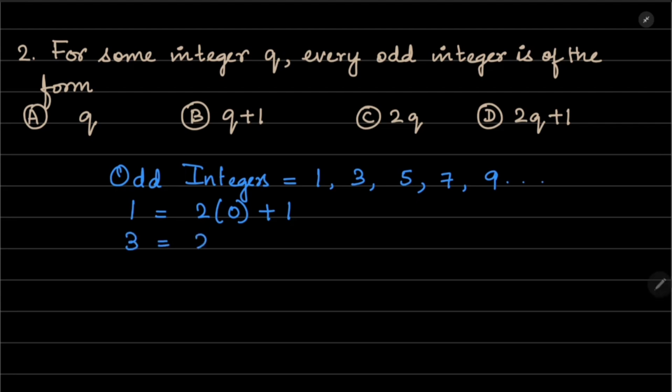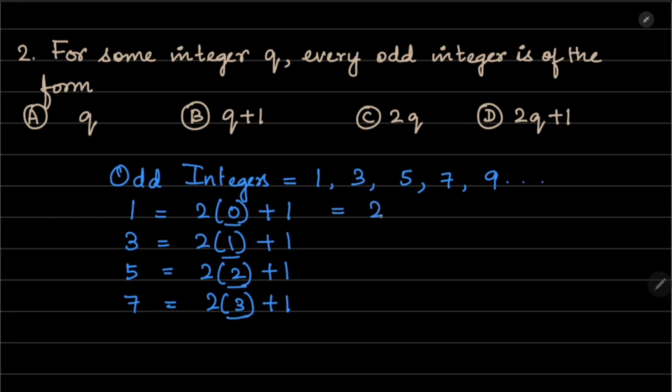3 I can write as 2 multiplied by 1, which is 2, plus 1, which is 3. 5 I can write as 2 into 2, 4 plus 1. Again, 7 I can write as 2 multiplied by 3 plus 1. Here also 0, 1, 2, 3 are all integers, and the integer is denoted by q.